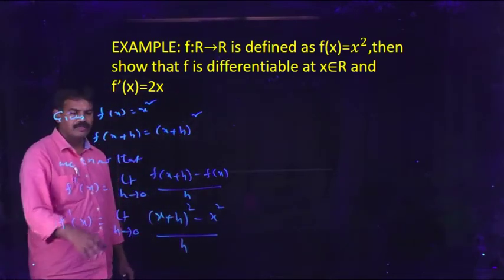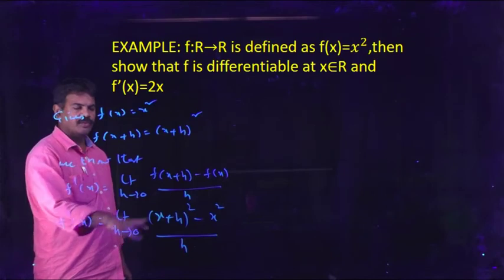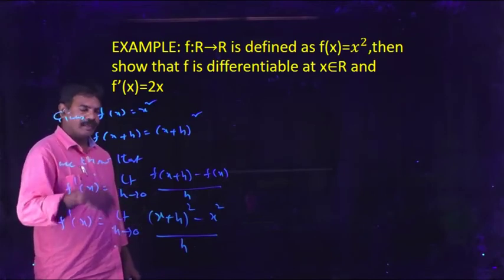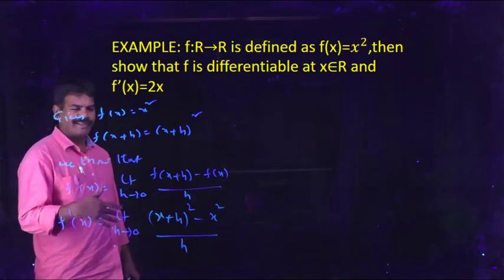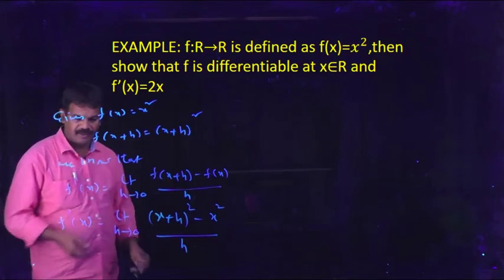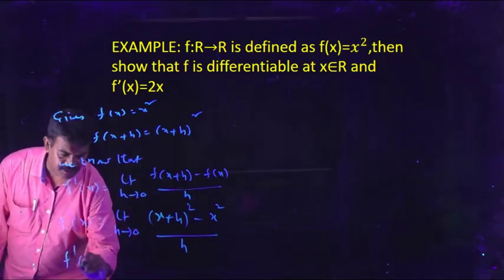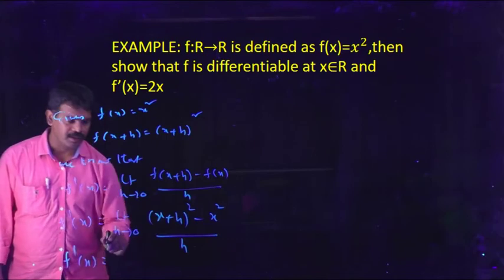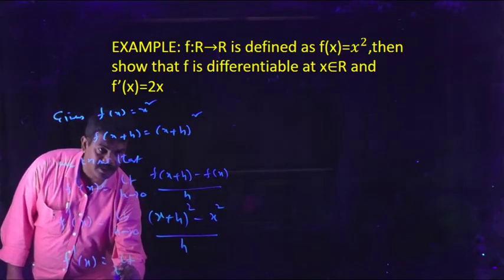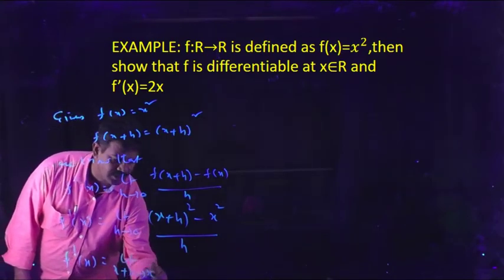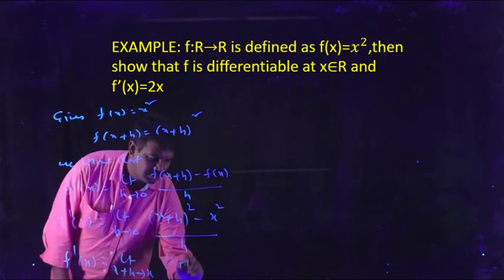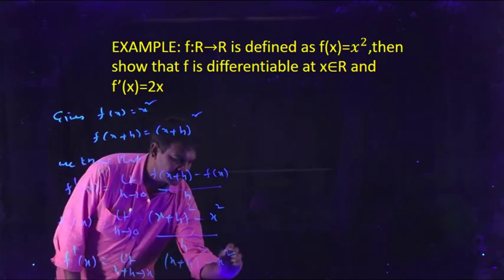So this problem can be done in two methods. We can do the problem directly or use the formula. By using the formula, f dash x is equal to limit x plus h tends to x, x plus h whole square minus x square.